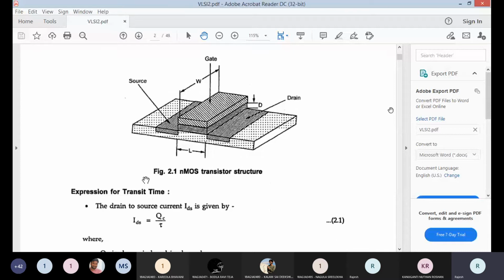So this is your NMOS transistor structure. Here we require only dimensions. We have taken the structure like this. The left side dotted regions represent source and drain. You can see one polysilicon, that is your gate. And in between, that thick black color is your SiO2. So this source and drain distance is the channel length.